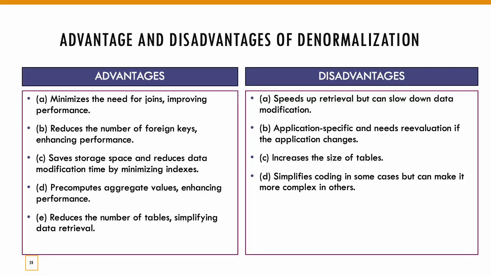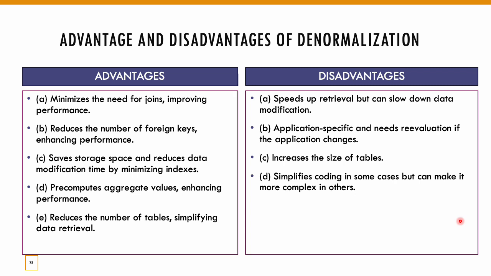Alright, there will always be an advantage and disadvantage of something. It includes denormalization. Okay, so the advantage of denormalization, it will minimize the need for joins, improving the performance.